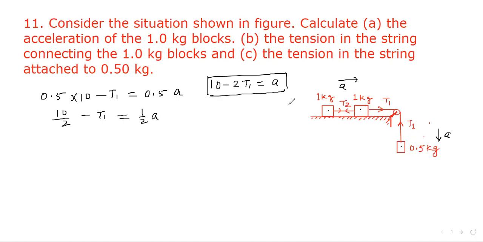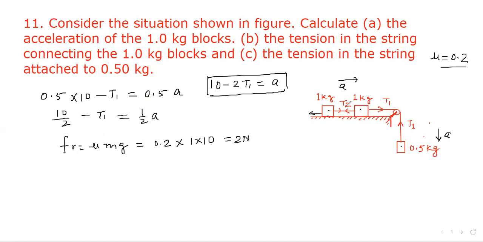Now we consider the motion of this block. Friction coefficient in each case is given as 0.2. So here there is tension T2 in this direction and friction will act in this direction. The value of friction Fr will be mu mg. So mu is 0.2, m is 1 kg, g is 10, so this will become 2 Newton.